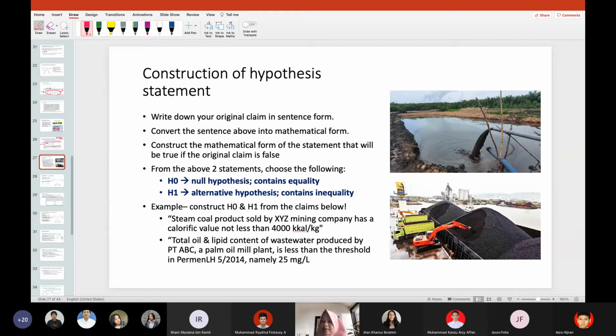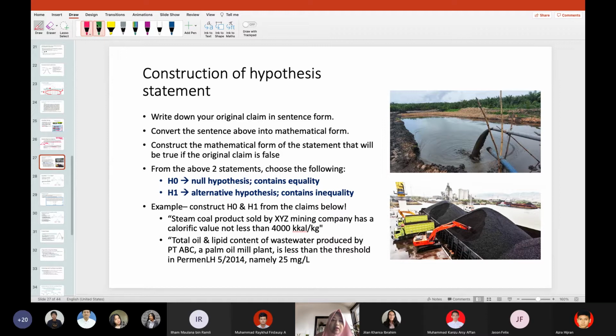This is a picture of coal on a barge, and they take some samples here with the truck. For example, the steam coal product sold by XYZ mining company has a calorific value of 4,000 kilocalories per kilogram.